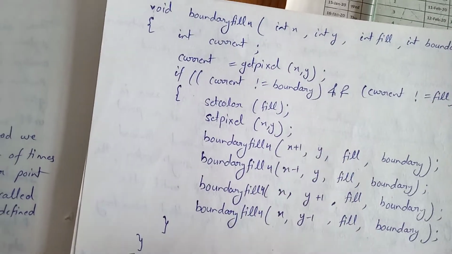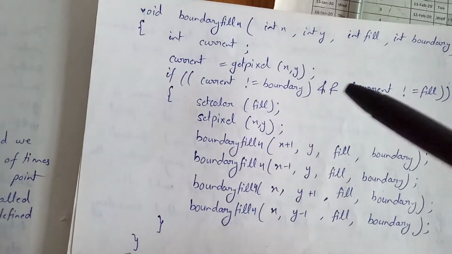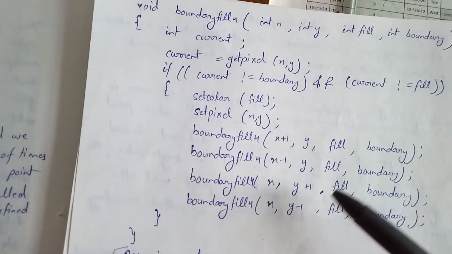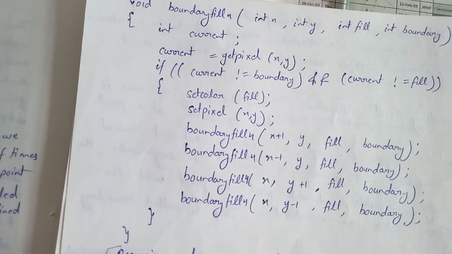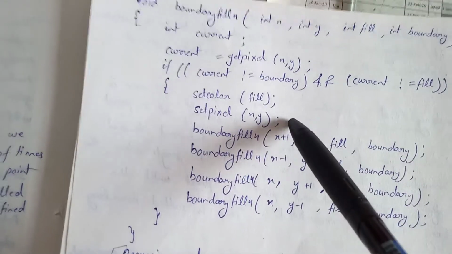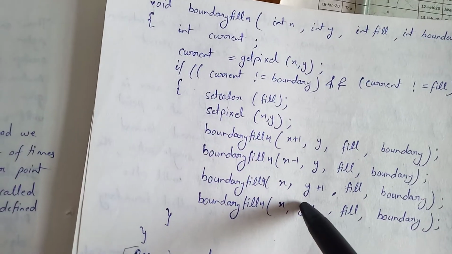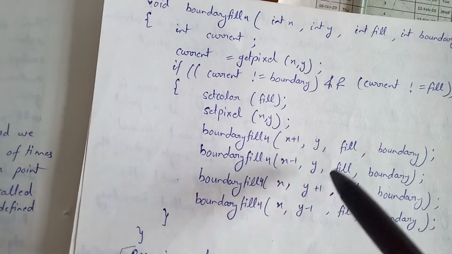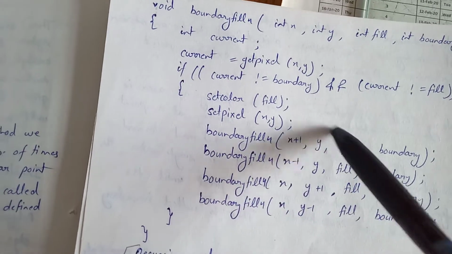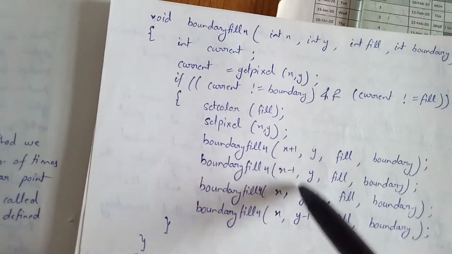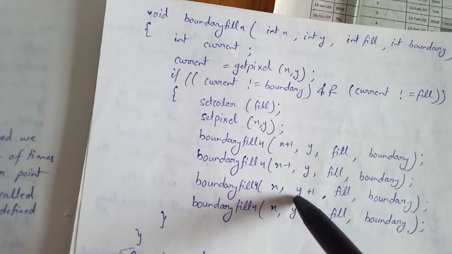Means with the help of this recursive procedure, we can fill our object. But we have utilized here the 4 connected way. That's why if the object is complex, then we cannot fill correctly with the help of 4 connected. Please remember this thing.